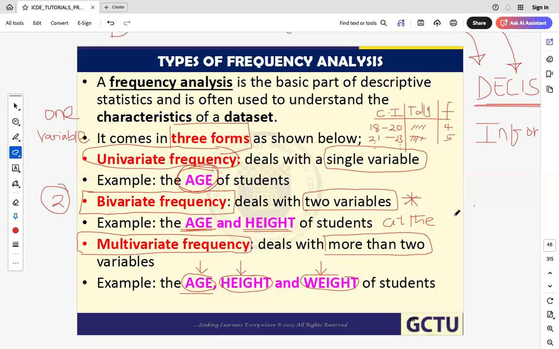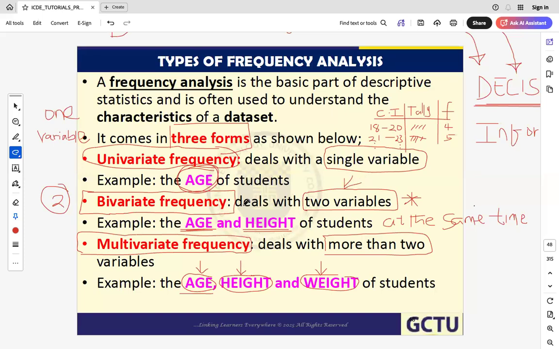You want to know the 2 at the same time. What do you do? Can you use the univariate? No, it will not work. You need another technique called the bivariate. That is what works for the analysis of any data that is arising from 2 variables.